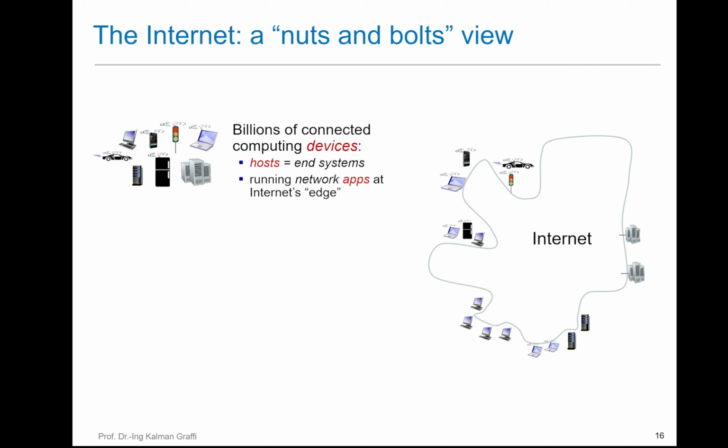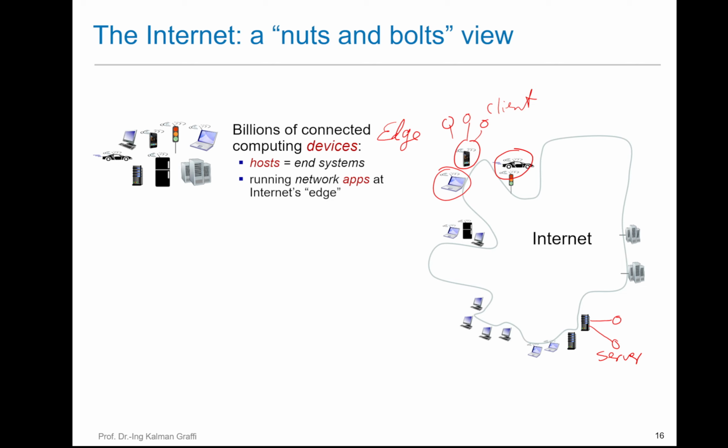If we look at the internet, it basically consists of two main parts. One is the so-called edge of the network, with all the devices outside. They all have processes running, and they want to interact with each other. For example, if here we have a server and here we have some clients, then the clients typically want to send requests to the server.